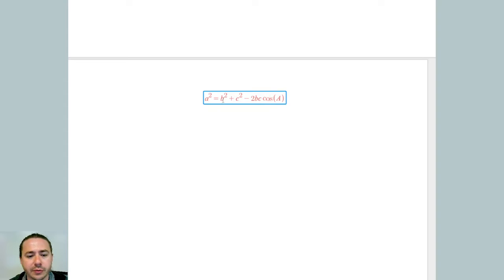So the first thing to do is going to be to move these two terms over to the other side. Okay, so I'm going to subtract b squared and c squared from both sides. And another thing I'm going to do is move around the whole equation.